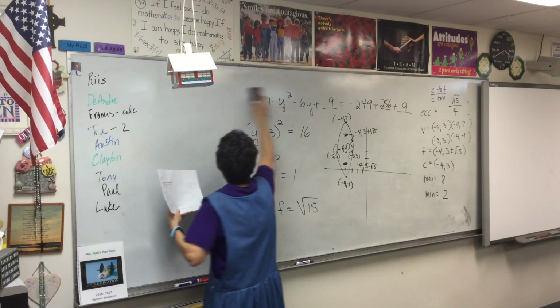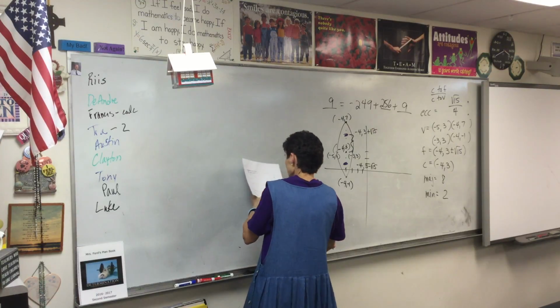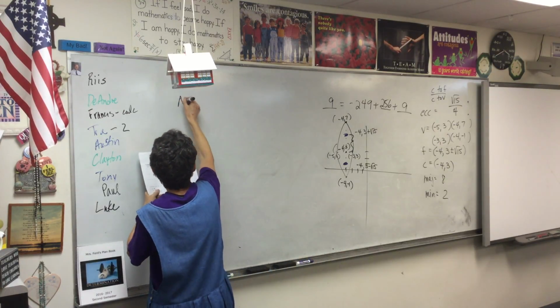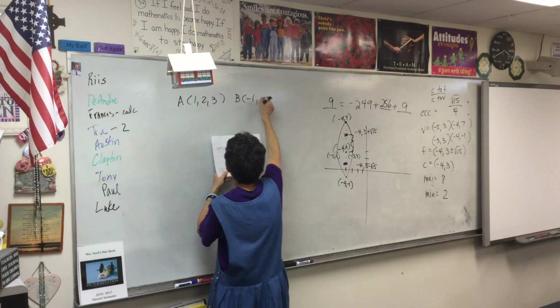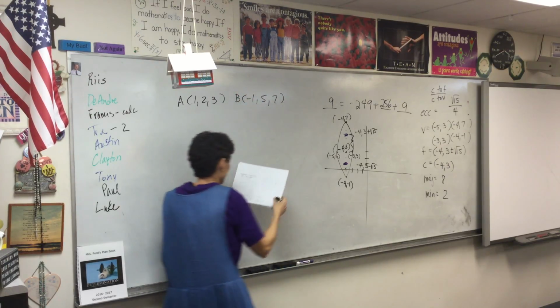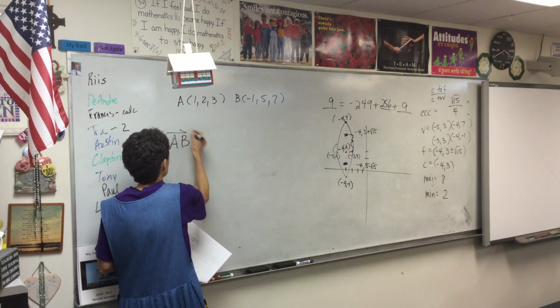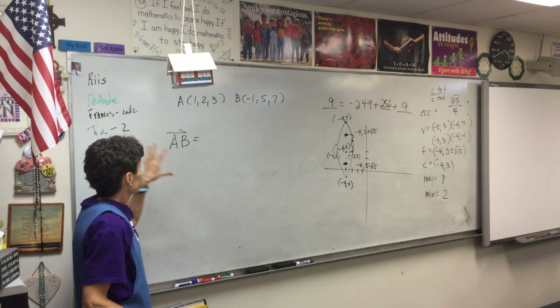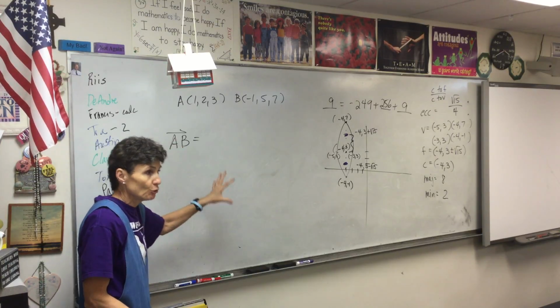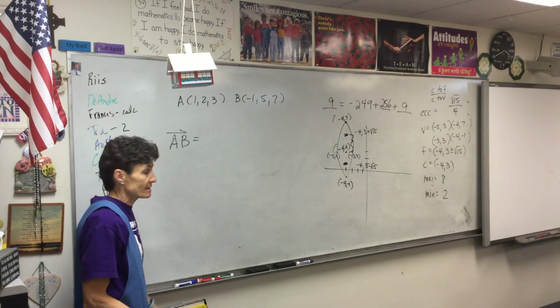Number 5. This is our 3-dimensional stuff. All right. So we started out with 2 points, and we're going to find the coordinates of the vector from A to B. All right, that's easy.